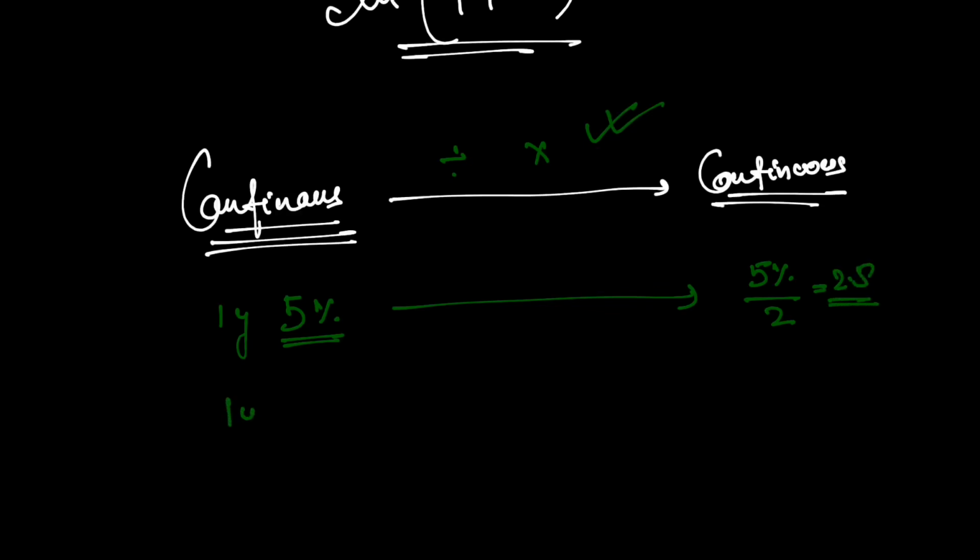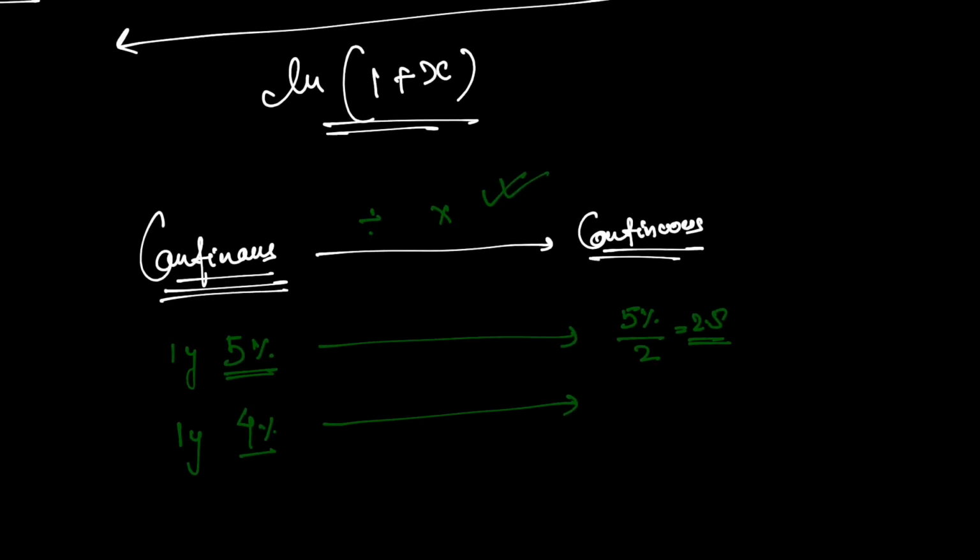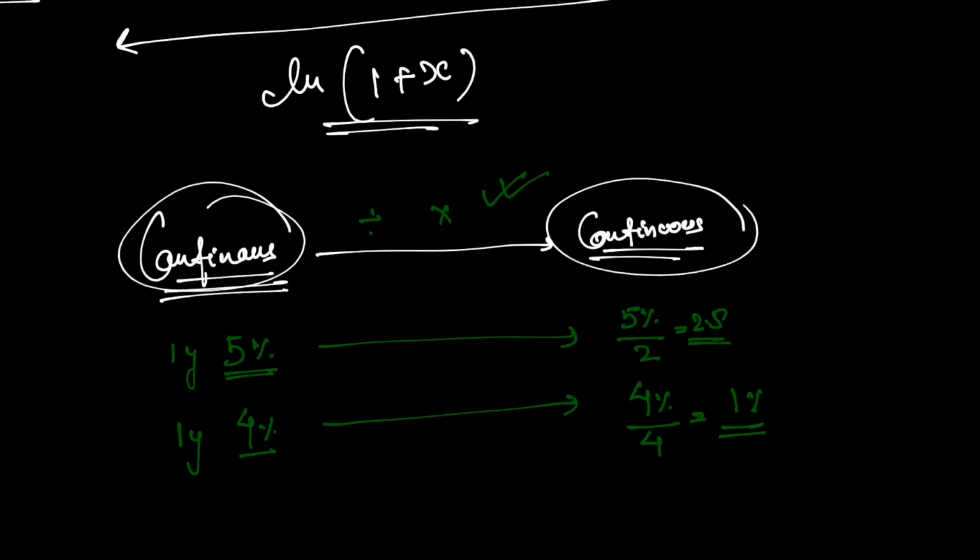If you have 1 year continuous rate, say 4%, and you want to find out the continuous rate of 1 quarter, what do you do? You divide it by 4. So 1% is the continuous rate of 1 quarter. So in the conversion of continuous of one tenure to continuous of another tenure, multiplication and division is allowed.